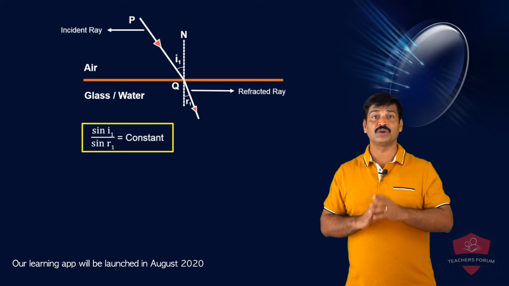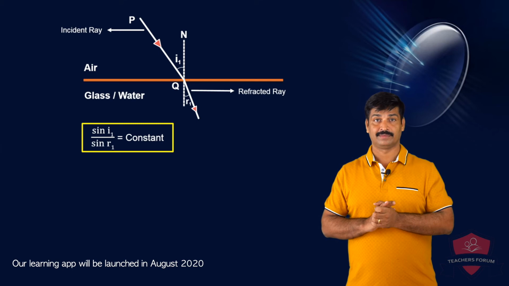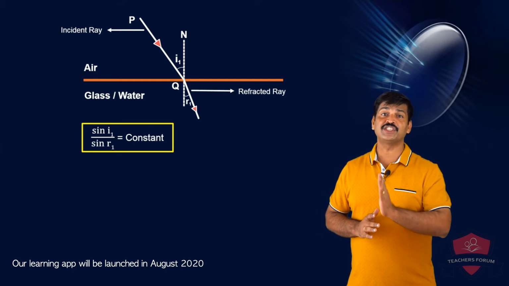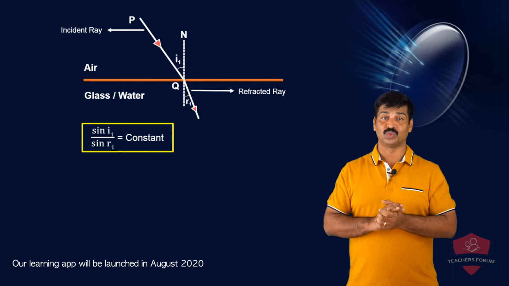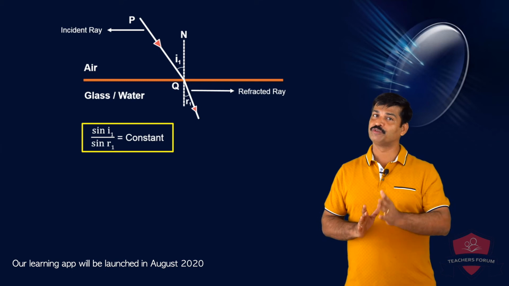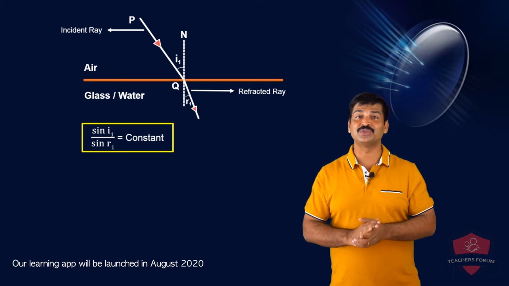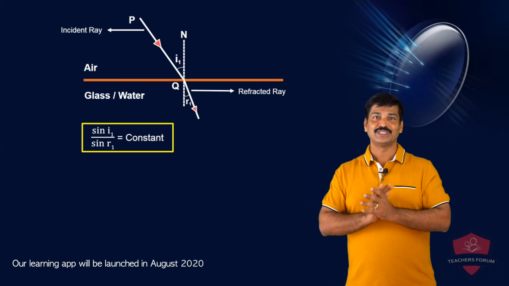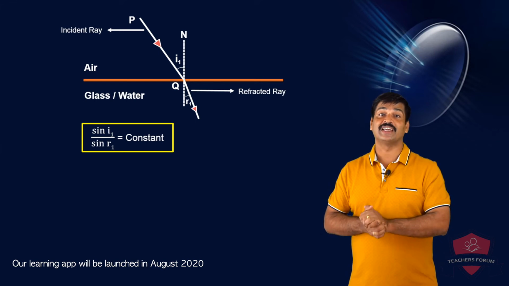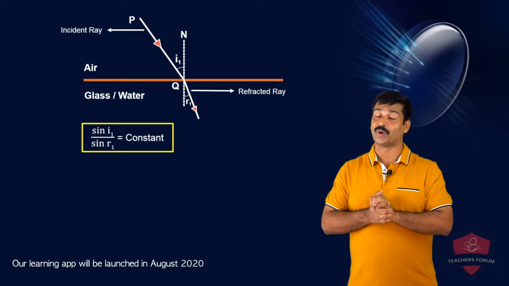Now, you find the ratio sin i1 by sin r1. You will be getting a value. Now, what you have to do? You just change the angle of incidence. Let it be i2. Then you will be getting another angle of refraction r2. You find the ratio sin i2 by sin r2. That will give you also a number that will be similar to sin i1 by sin r1.